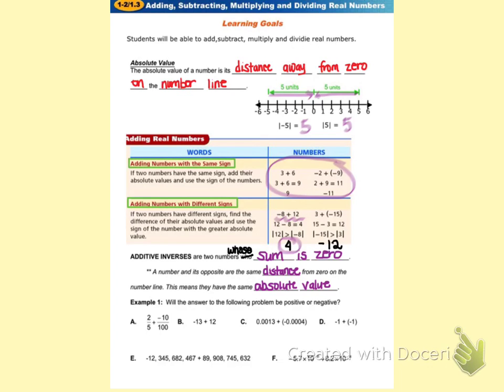It says, will the answer to the following problem be positive or negative? Now it doesn't actually say we have to add or subtract them, but I'd like to do that for example A, just because it gives us a chance to review adding fractions. So recall when we add fractions, we have to have a common denominator.